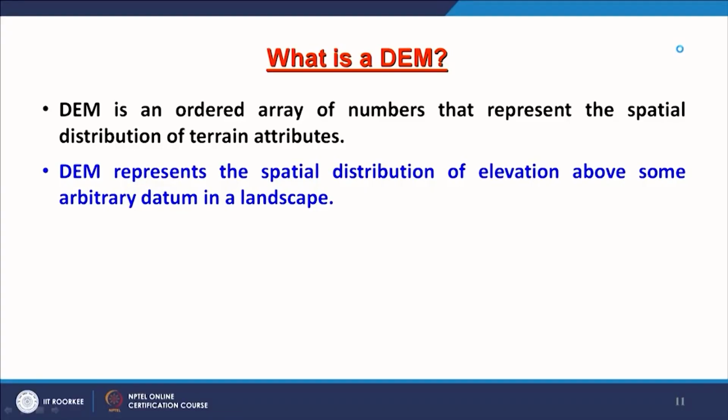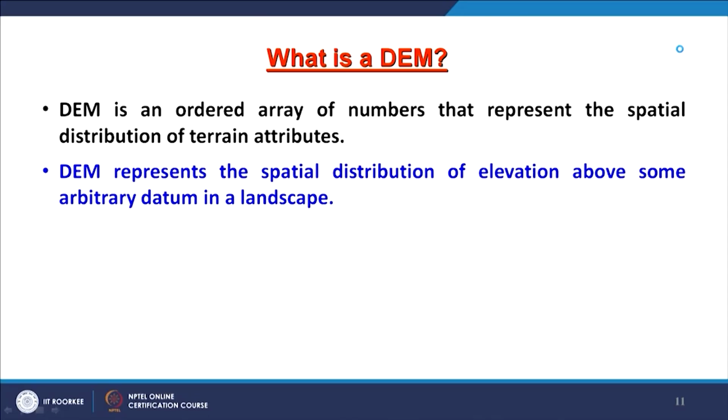Now, DEM we have already discussed, so just for completeness I would repeat that part. It is an ordered array of numbers that represents the spatial distribution of terrain attributes. When we say DEM, the middle letter E is for elevation, but this value can be replaced with other properties also. Basically, as you also know, a DEM represents the spatial distribution of elevation above some arbitrary datum in the landscape.